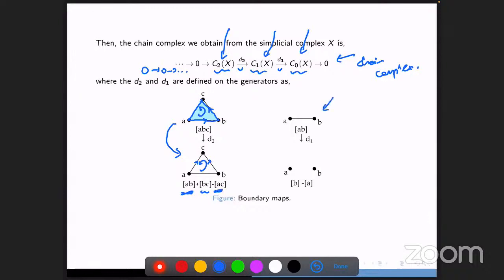And for a 1 simplex here, D1 takes it to its boundary again, but in this case, the boundary of this simplex is these two 0 simplexes, right? And so if the orientation is from here to here, since we write AB, of course it is, then the result is B minus A. All right, this is how a boundary map works.